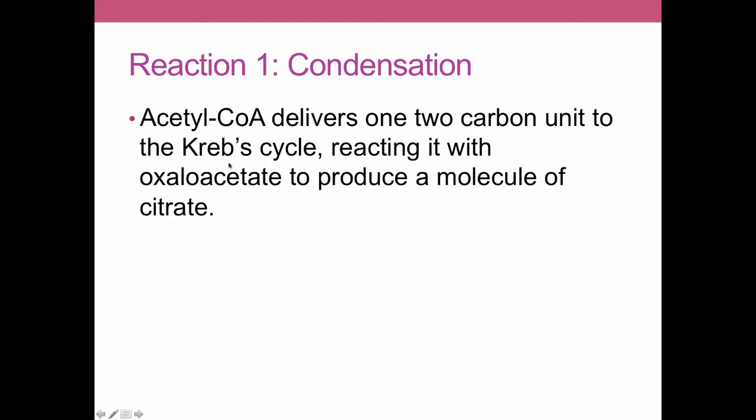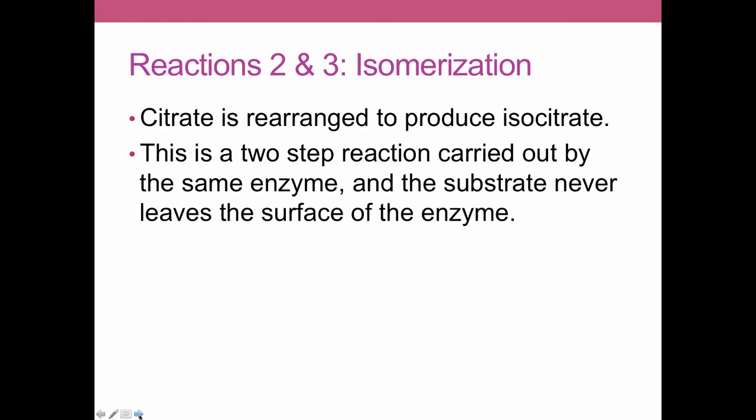So it delivers the 2-carbon unit to the Krebs cycle. It reacts with a molecule of oxaloacetate to produce a molecule of citrate. So this is where it gets the name, the citric acid cycle, because the first product is citrate. And citrate is rearranged to produce isocitrate. It actually all happens at the same time.